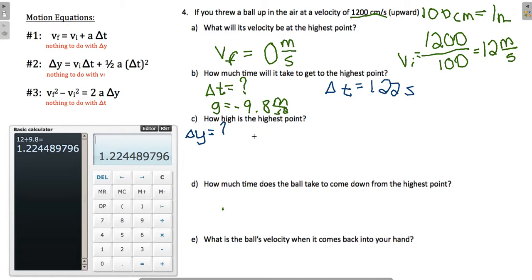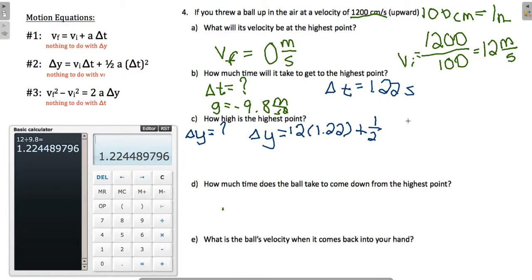So using equation number 2, delta y is equal to velocity initial, which we know is 12, so 12 times time, which is 1.22, plus 1/2 times our acceleration.